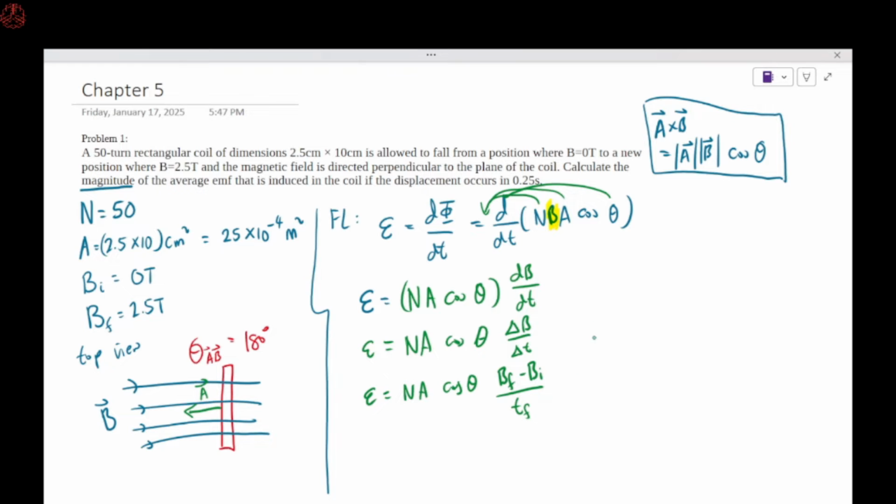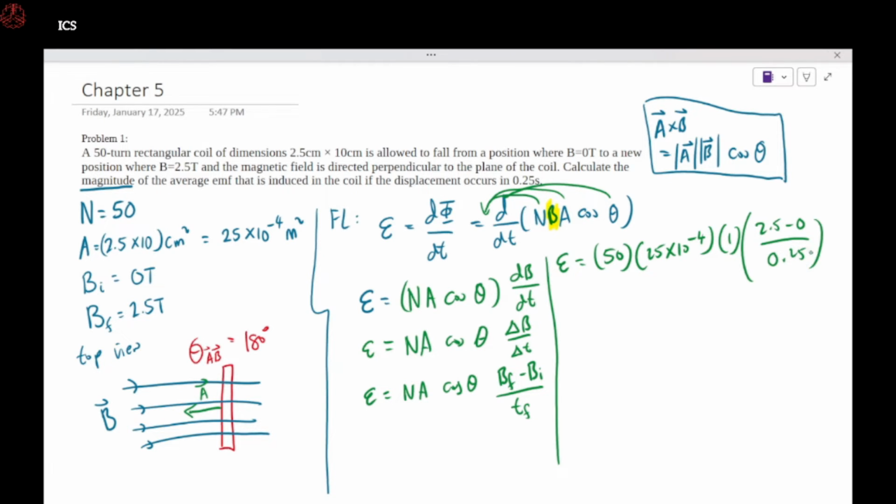If I substitute those values, I will have 50 times 25 times 10 to the power of negative 4, that's the area, and then cos 0 is 1, multiplied by the final magnetic field, 2.5 minus 0, over 0.25.